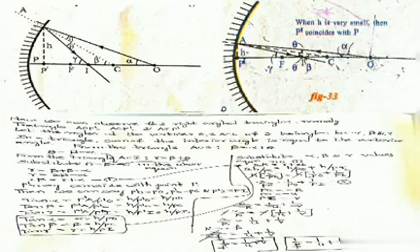Okay, we know that theta equals beta minus alpha. This we have written from the triangle.